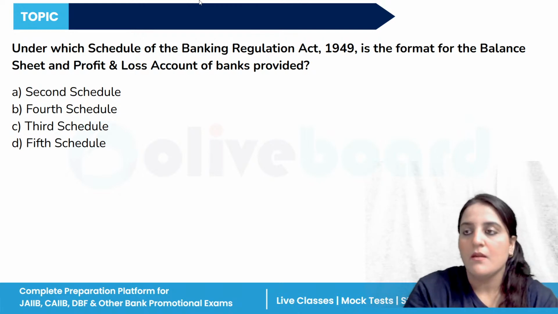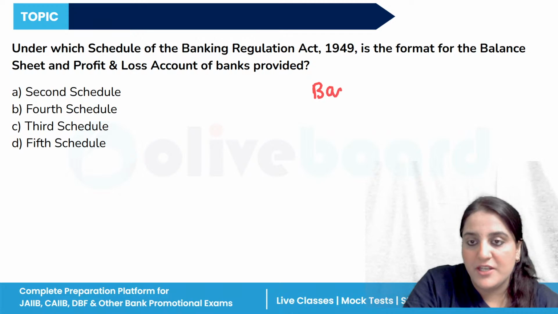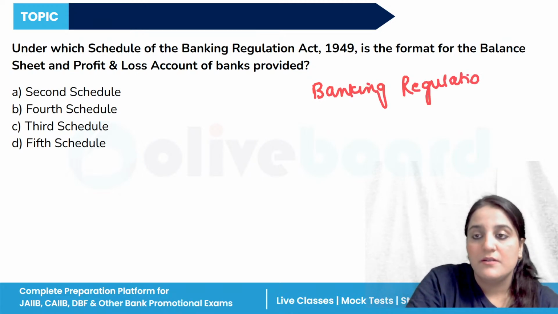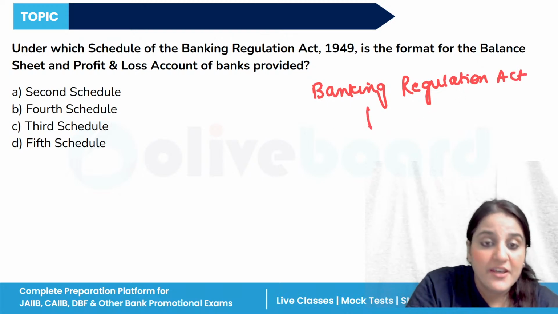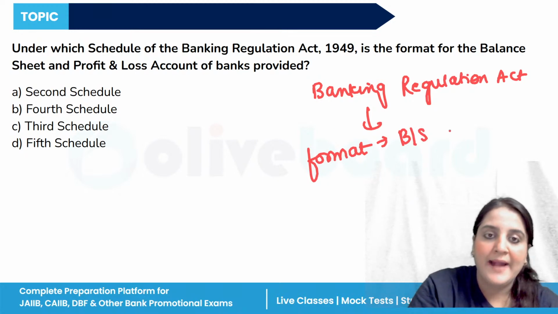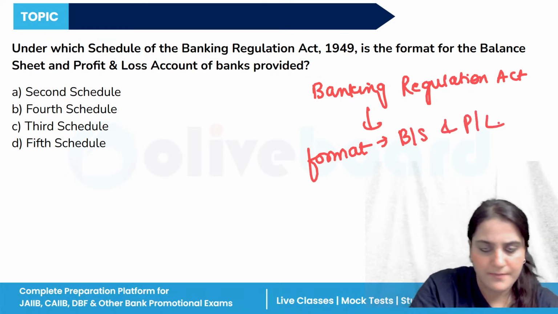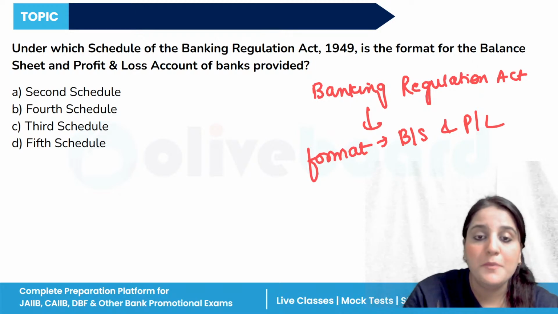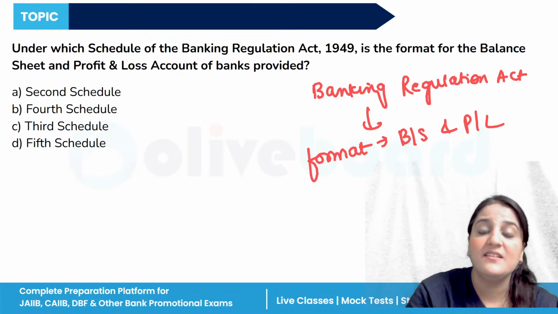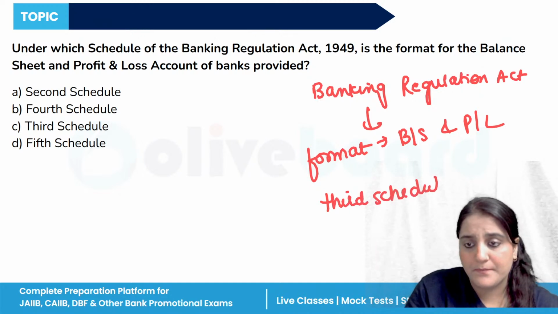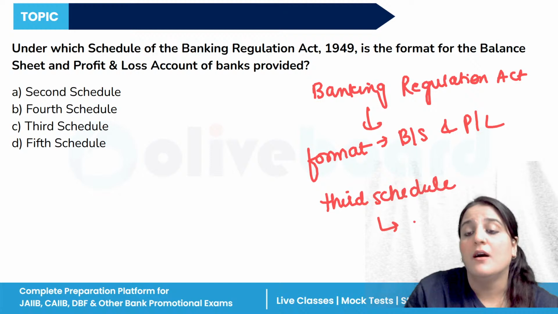See, the Banking Regulation Act 1949 gives the format of the balance sheet and also of the profit and loss account in which the accounts of a bank should be presented, and this format is given by the Third Schedule annexed to the BR Act 1949.